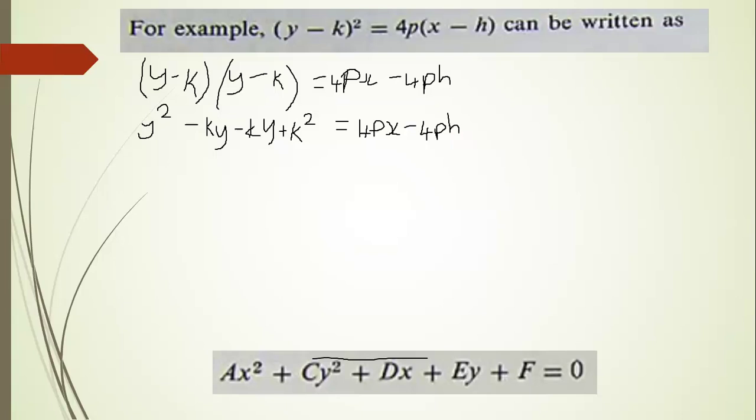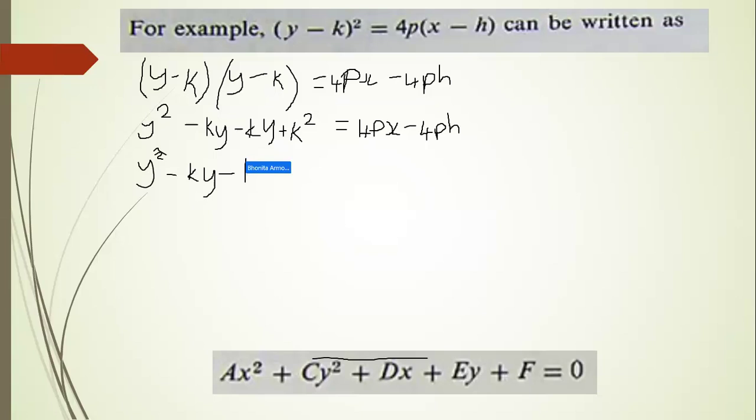What I want to do now is to put everything on one side of the equation. So basically what I'm going to have is the y squared minus ky minus k.